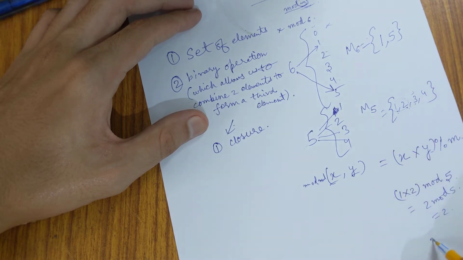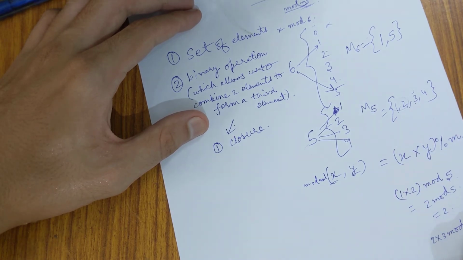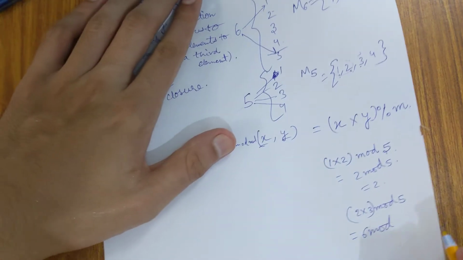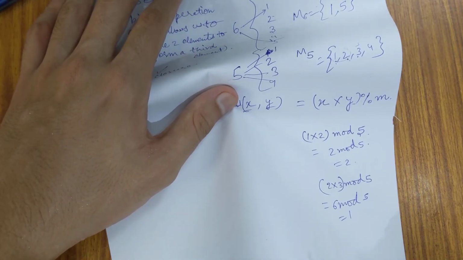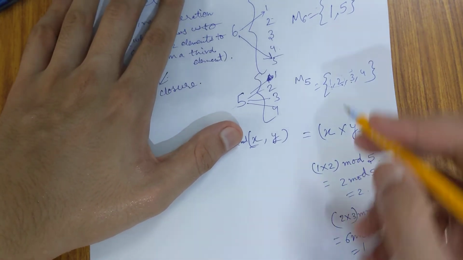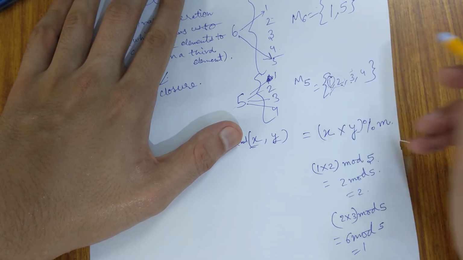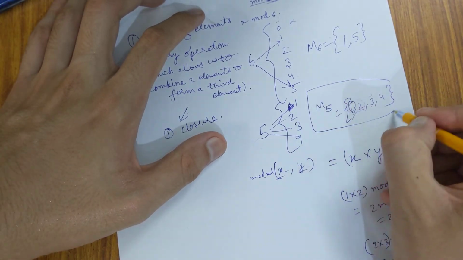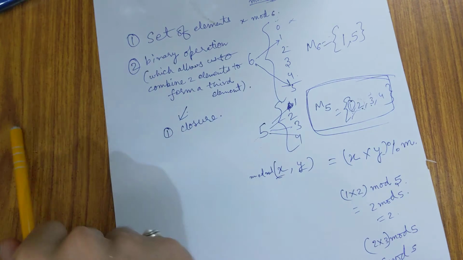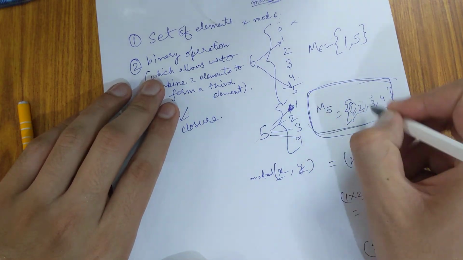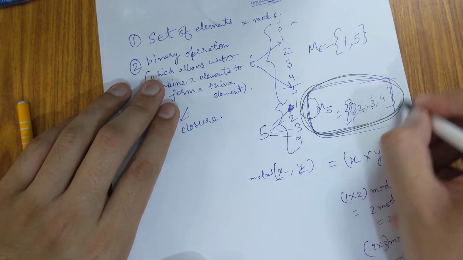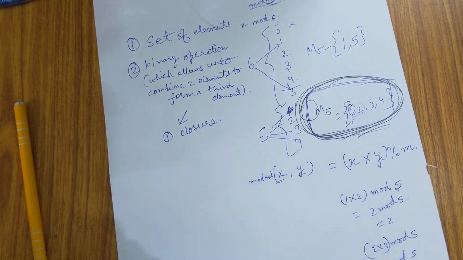Then 2 into 3 mod 5 becomes 6 mod 5, which is 1. So 1 is also in the group. I'm just taking the example of M5 to explain all the various properties. I'll mark it with a different color. So we are taking this group as an example.